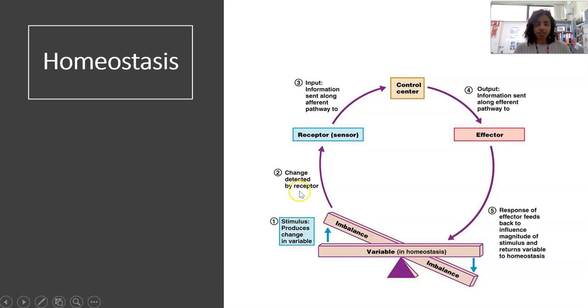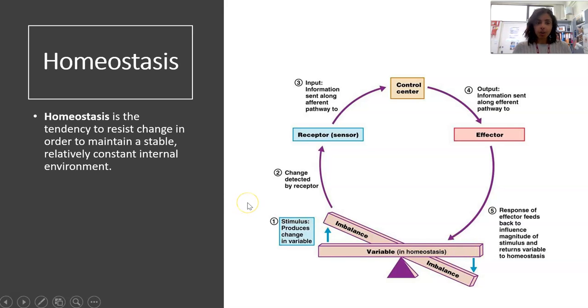That stimulus is detected by receptors, which will send information to the modulator, which is known as the control center. The control center decides what to do, and that sends information to an effector, which carries out a response, and that response will be, in this example, to lower blood glucose levels, and they go back down to normal.